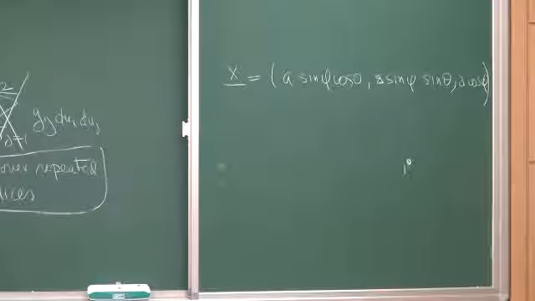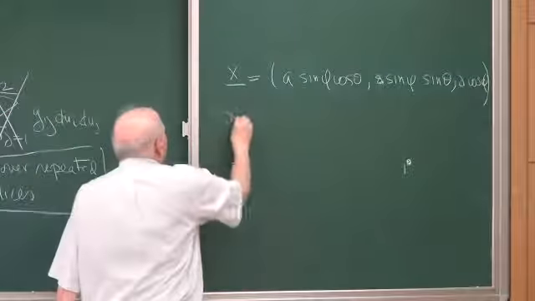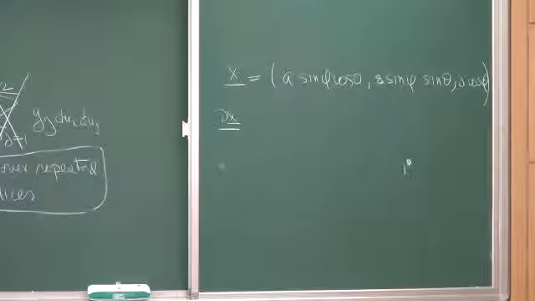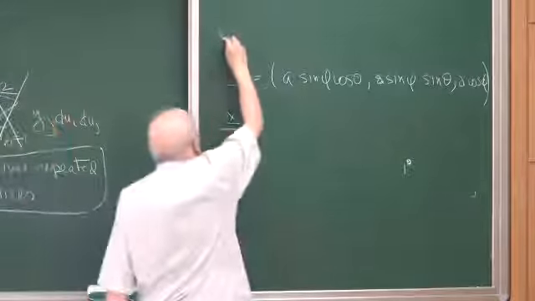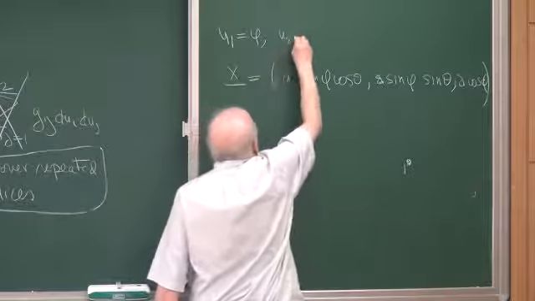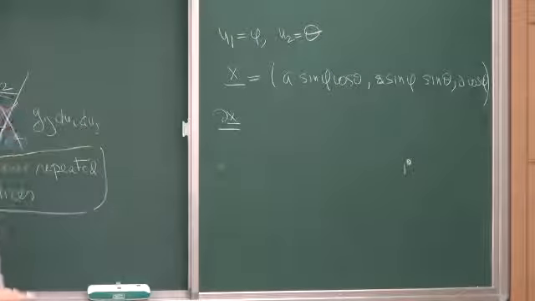Okay, so what does that say? I have to compute the partial of x with respect to u1. Which one do you want to be? Here I have u1 equals phi, so let's do u1 equals phi. Doesn't make any difference. u1 equals phi and u2 equals theta.